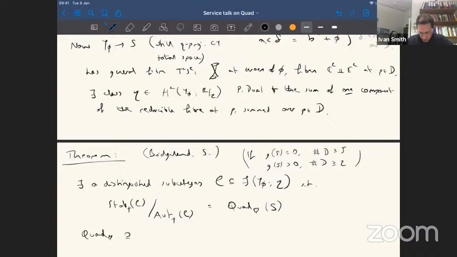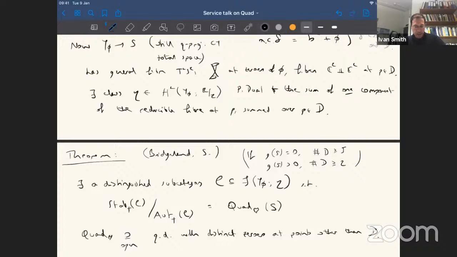So Quad-heart contains as an open set the quadratic differentials with distinct zeros at points other than D. Okay, that's what I assumed in writing down this threefold.